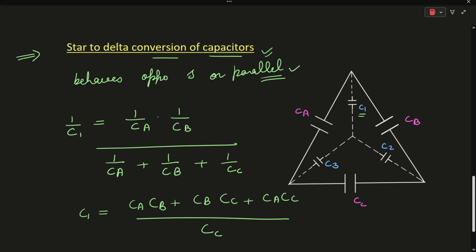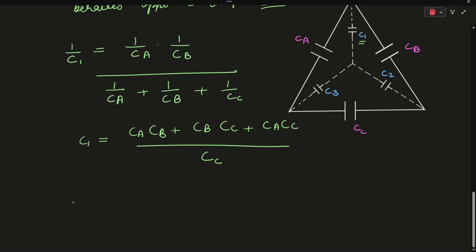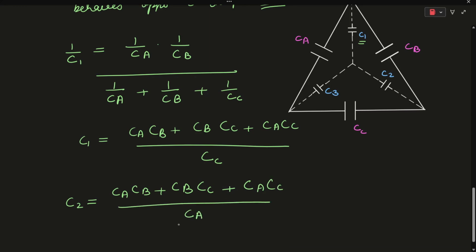Similarly, the value of C2 will be equal to CA CB plus CB CC plus CA CC over CA, and the value of C3 will be equal to, let's say CA CB plus CB CC plus CA CC is equal to delta, so C3 will also be equal to delta over CB.